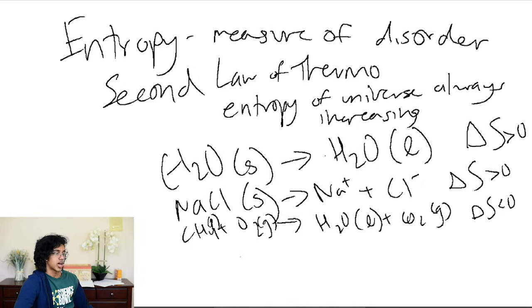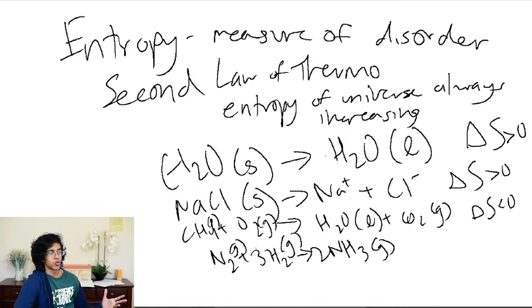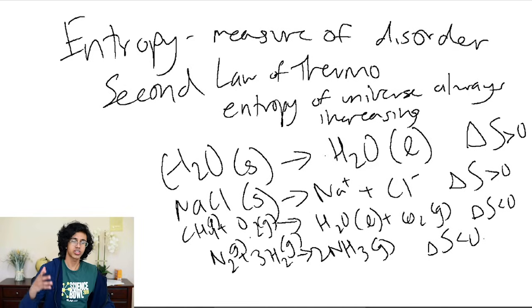And then one last example, Haber-Bosch. N2 plus 3H2 yields 2NH3. As I explained before, more gas molecules means more entropy. So on the left side right now you have 4 molecules of gas, but then it goes to 2 molecules of gas. So your delta S is negative because you're becoming more ordered. As you decrease the number of molecules, you're becoming more ordered. Alright, that's all you gotta know for entropy.